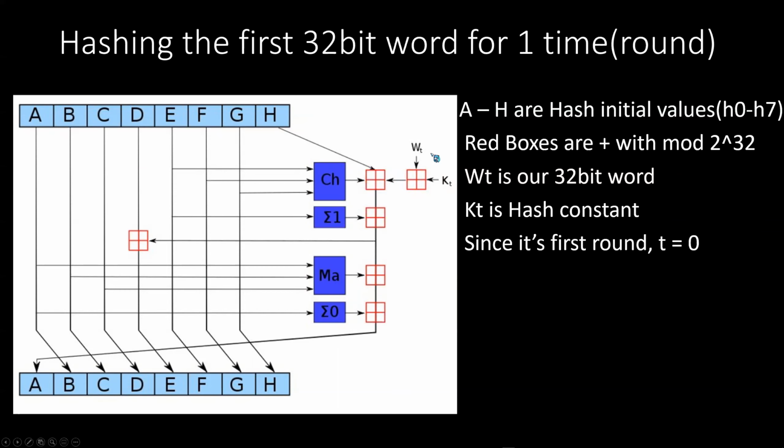WT is our 32-bit word, and KT is one of the hash constants. T is like the index number. Since it's the first round, T equals 0.